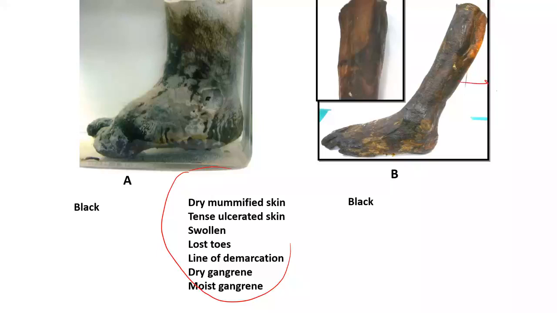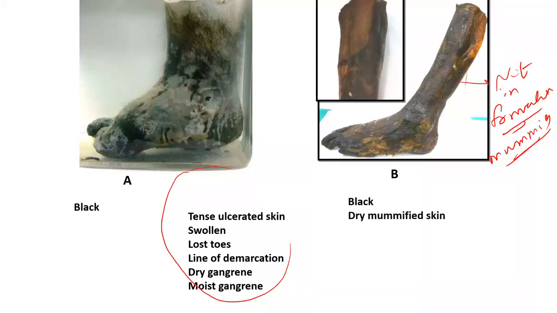This one is not in formalin, it is from our museum. It looks like mummies. You know mummies? Mummies in the museum. Look at this skin. It is dry and mummified and wrinkled. So this is the dry mummified skin.